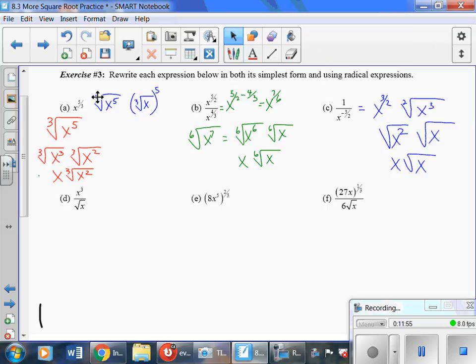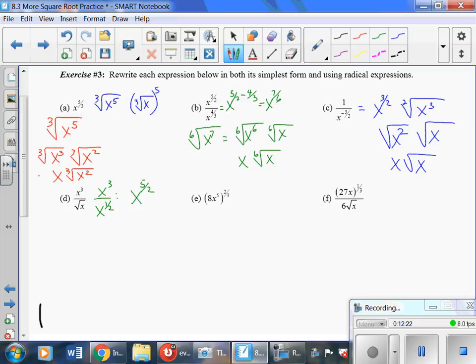Okay, if I haven't blown your mind yet, we're moving on. So let's look at D. All right, D says we have, let's do some subtracting first here, right? So we have x to the third divided by x to the 1/2, and we do our subtraction, and we get x to the 5 halves.